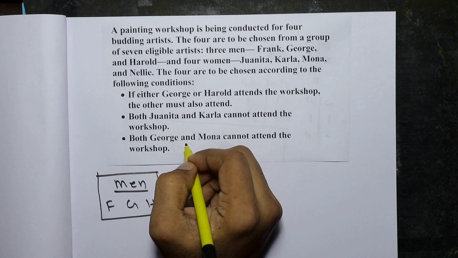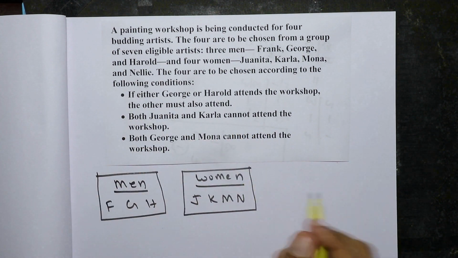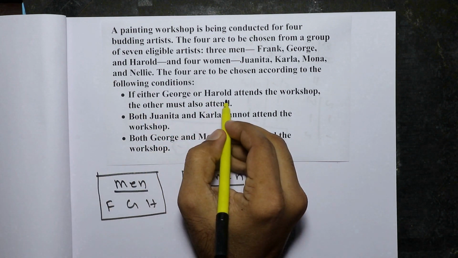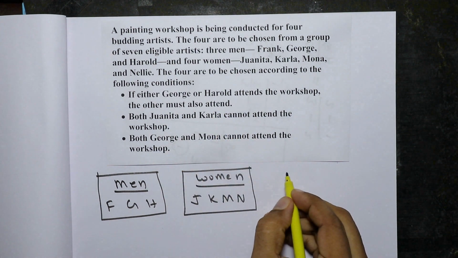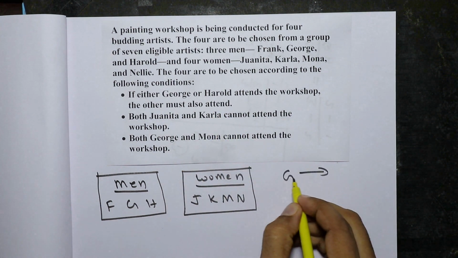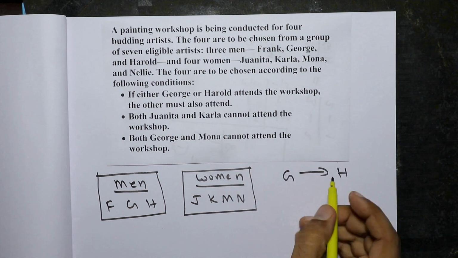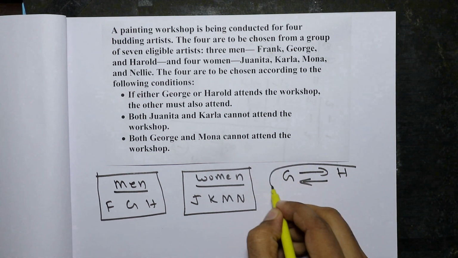Now these are the conditions. So we need to represent these conditions also properly so that we can easily refer to that. If either George or Harold attends the workshop, the other must also attend. So if George is selected, then along with George, Harold also should be selected. Similarly, if Harold is selected, then George should also be selected.